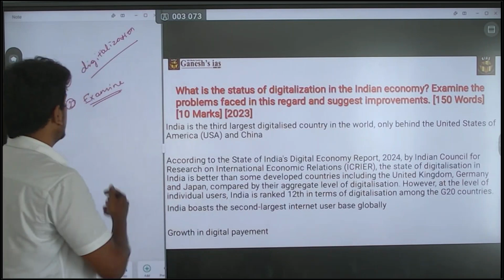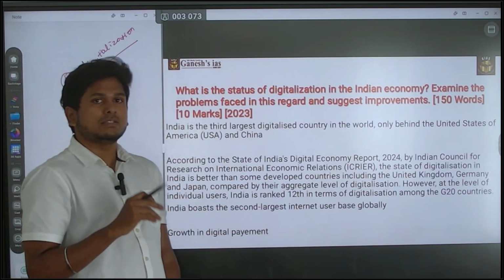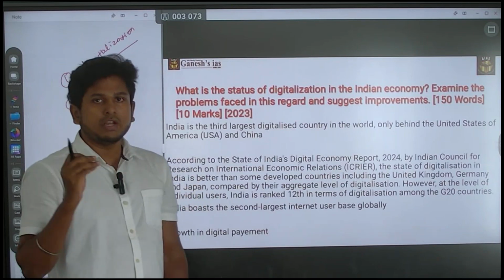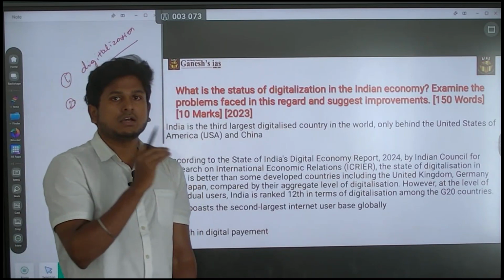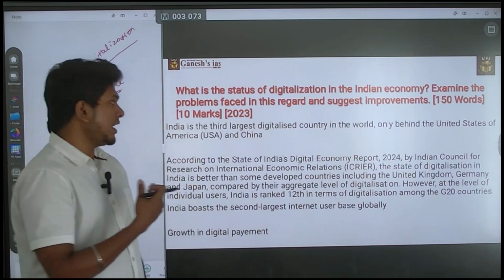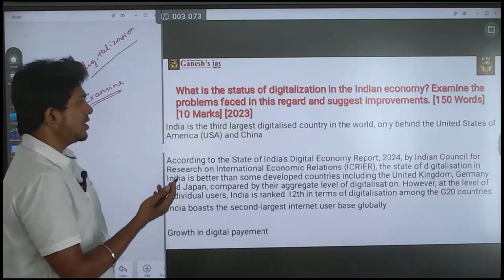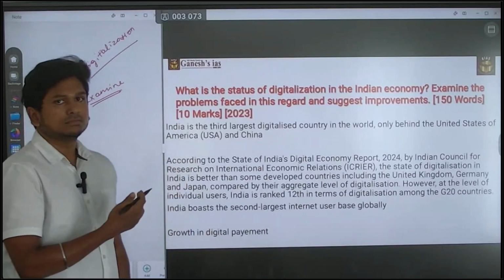So first is, what is the status of digitalization in the Indian economy? This is the first part. So you need to know certain data about the digitalization of the Indian economy. There is a lot of data. I listed certain things. India is the third largest digitalized country in the world, only behind the US and China.